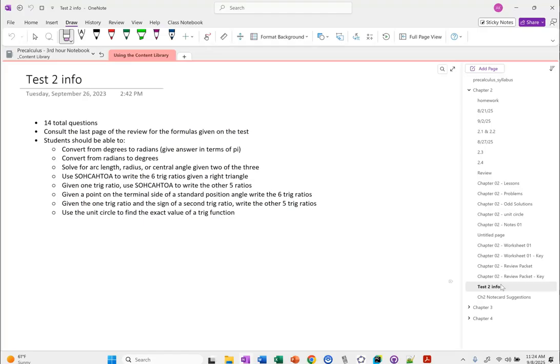If I give you 1 trig ratio and the sign of another, whether it's positive or negative, you should be able to use that point on a terminal side of a standard position angle to find the other 5 trig ratios from that. And then you should be able to use the unit circle to find trig ratios.